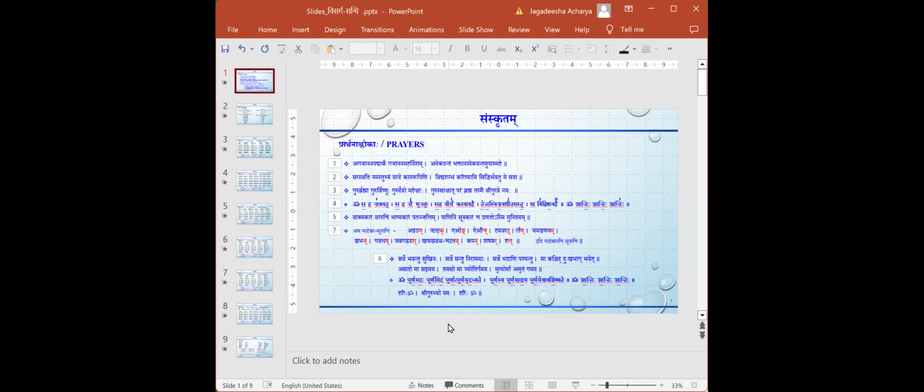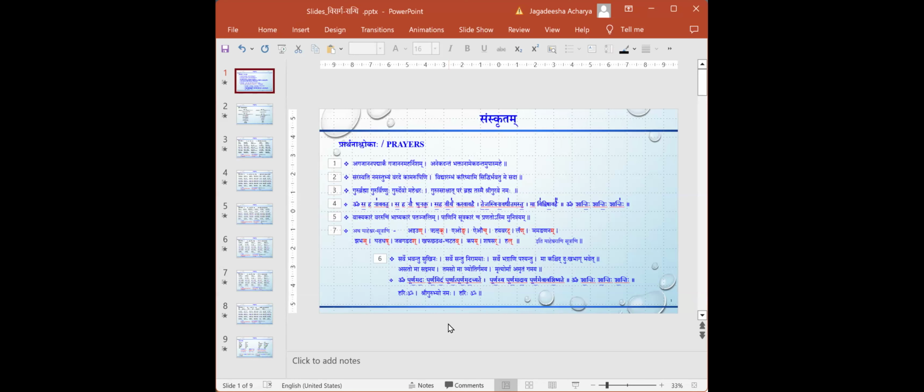Atha Maheshwara Sutrani: Ai Un, Rilrik, Eon, Ai Auch, Hayavarat, Lan, Nyamanganam, Jabhanya, Ghadadhash, Jabagadadash, Khaphachchatathachatav, Kapai, Shashasar, Hal. Iti Maheshwarani Sutrani.